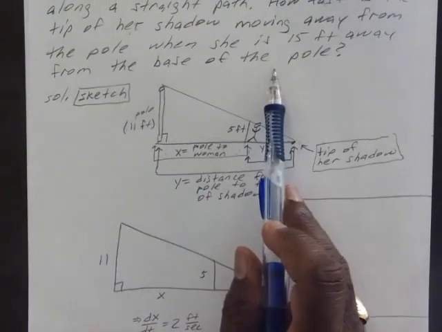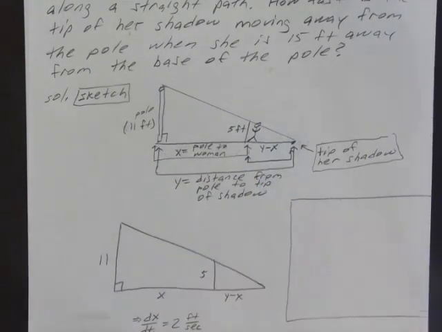Now, just from the last sentence, we know we need to find the rate that the tip of her shadow is moving away from the pole.